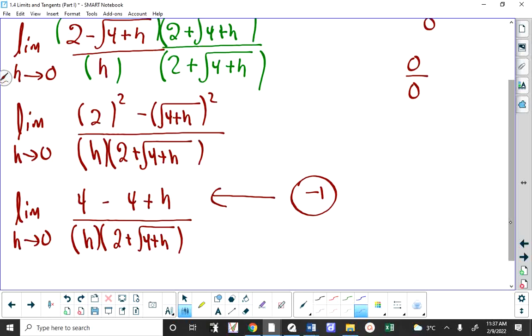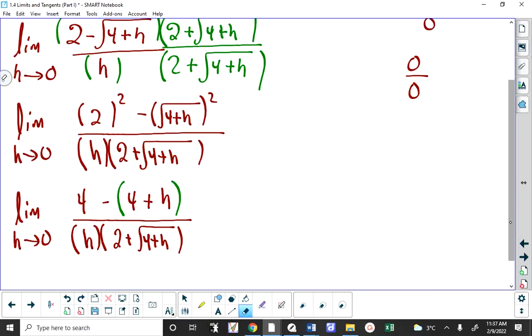The reason you lost a mark is because if you wrote that, your algebra would be wrong, because we have to subtract the entirety of 4 plus h. So if you didn't put brackets there, which led to an incorrect answer, then you lost 1 mark, and you ended up getting most likely 5 out of 6 on the quiz, which is 83%.